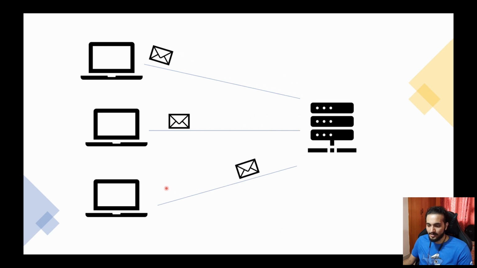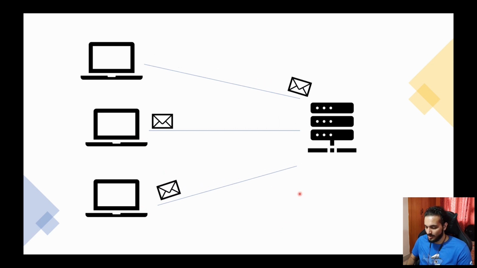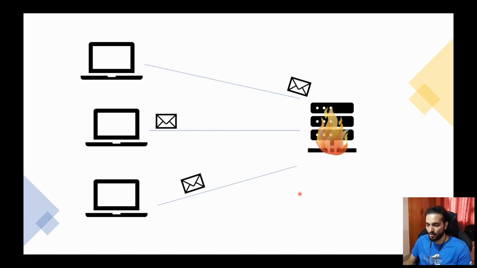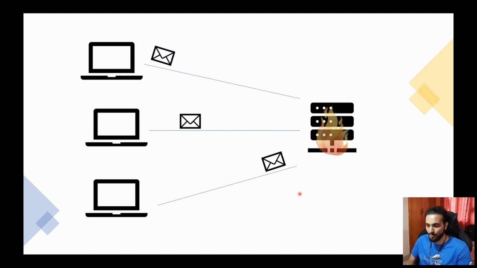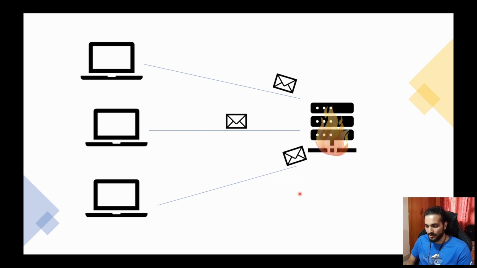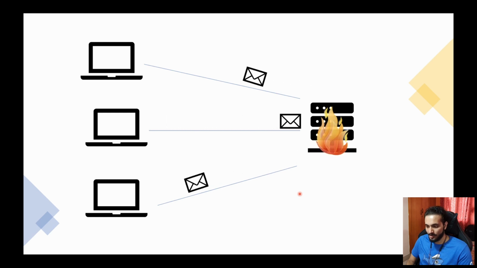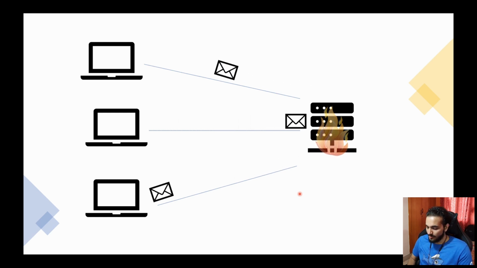So when the number of clients increases, at some point your web server is not going to accept requests anymore, or even if it's accepting requests, it's going to delay the responses by a long time, and all of these complications start to arise.